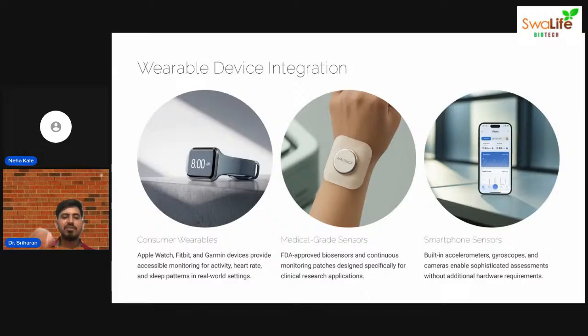Likewise, wearable devices play a major role while we do research in DCT.